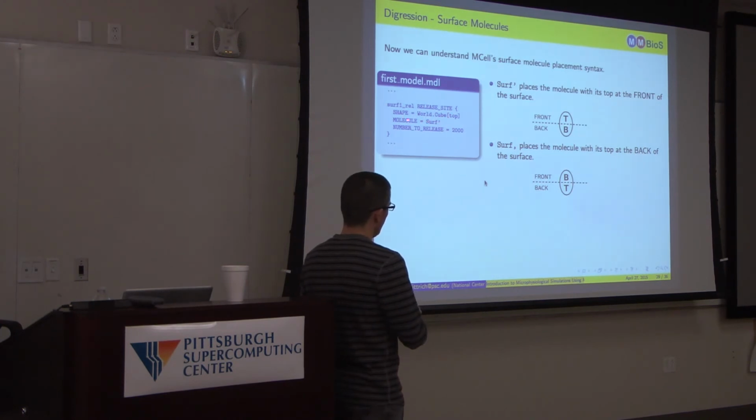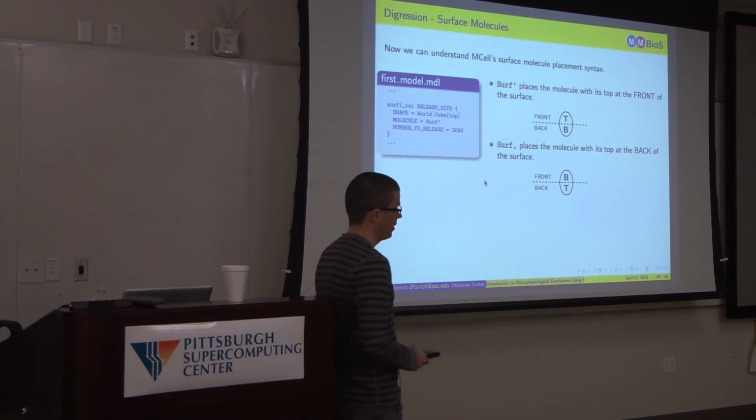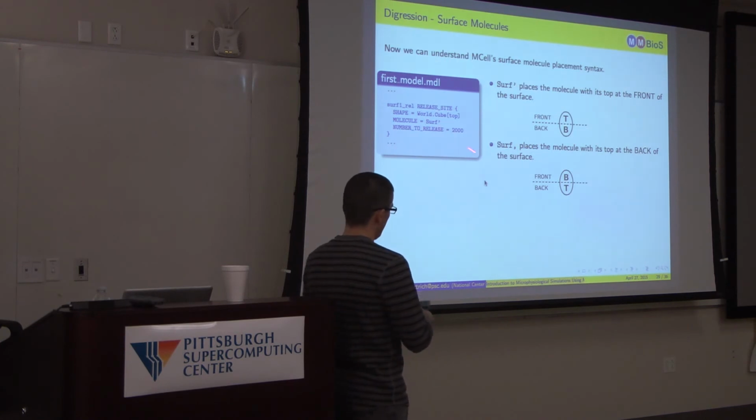When we add the surface molecule to this release site on the surface, you see there's this apostrophe here. The apostrophe tells MCell to place the molecule with the top domain at the front of the surface. Alternatively, you could have put a comma here. So surf comma would have placed it the other way.